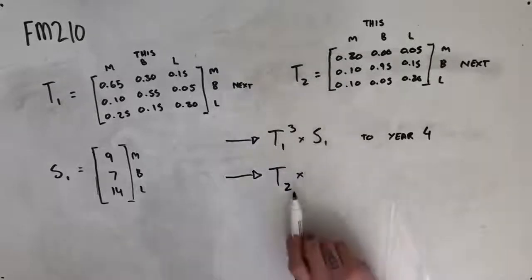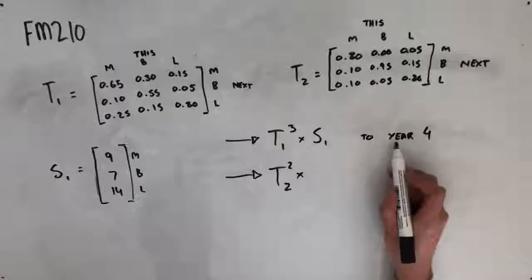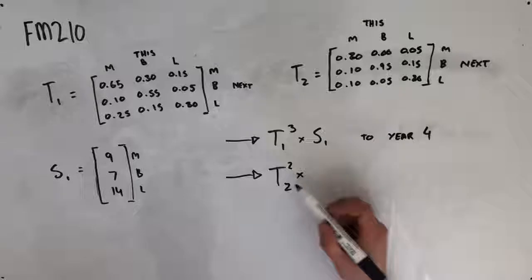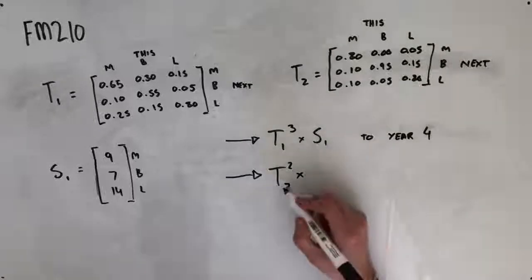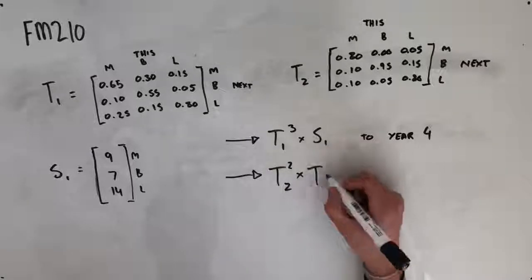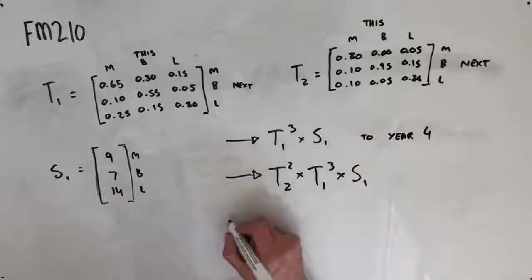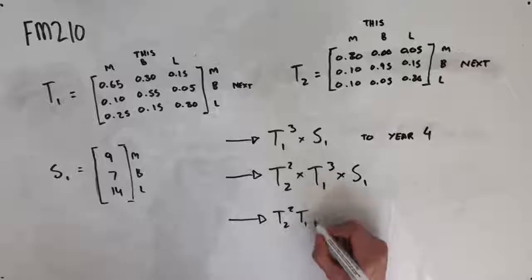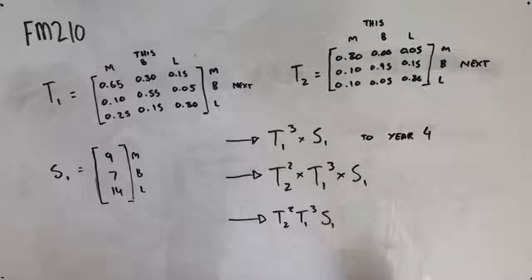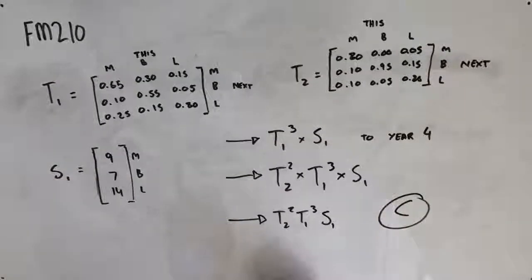For now, the number of transitions that we need to make using T2 is going to be 2, because this got us to year 4, so 2 more transitions using T2 will take us to year 6, which is what we want. So we have T2 twice times T1 to the power of 3 times S1, which means our answer is T2 to the power of 2, T1 to the power of 3, S1. Excellent, which means that our answer should be option C.